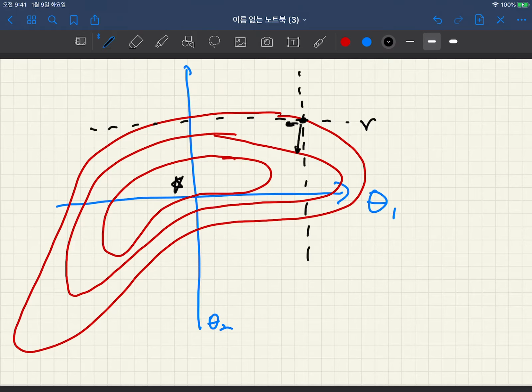At this point, this is fine because we want to go to this optimal point, and we really want to move in this direction. So currently it's fine, but as soon as you arrive at this point by gradient descent, the gradient is very tiny.